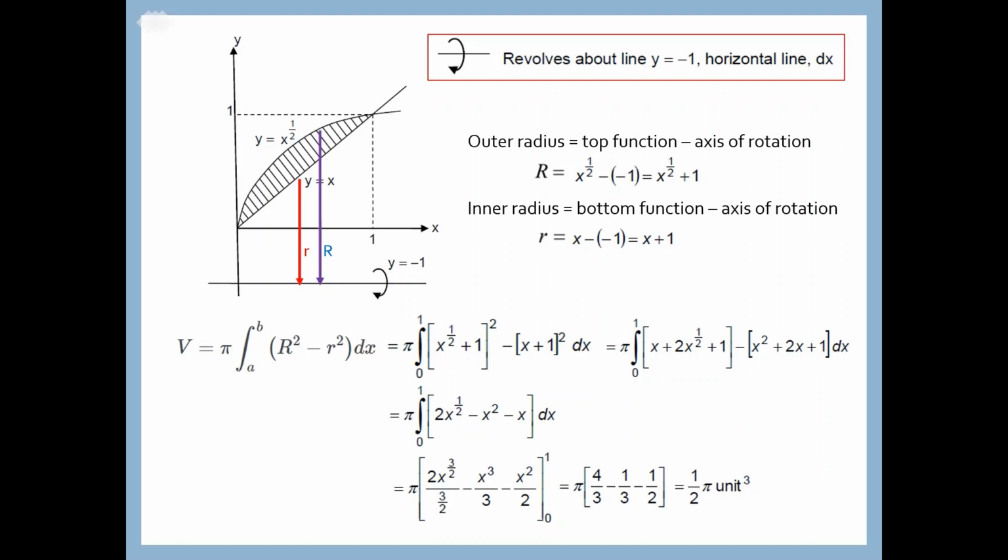You will obtain 2x to the power of 1 over 2 minus x squared minus x. Integrate this function with respect to x and substitute both limits of integration into the answer, then simplify. You will obtain 1 over 2 pi units cubed as the final answer.